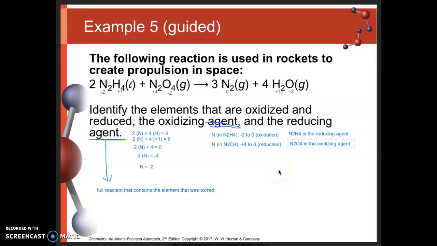So this is how we can begin to identify oxidation reduction reactions through the oxidation number method, to identify the movement of electrons that is taking place, as well as the reagents that are causing those movements to take place as well.